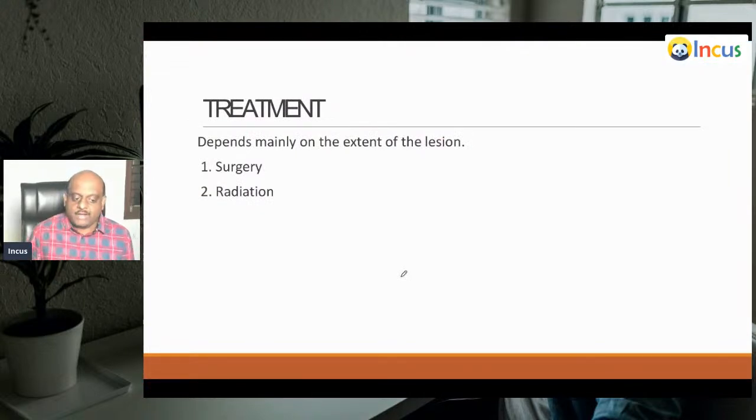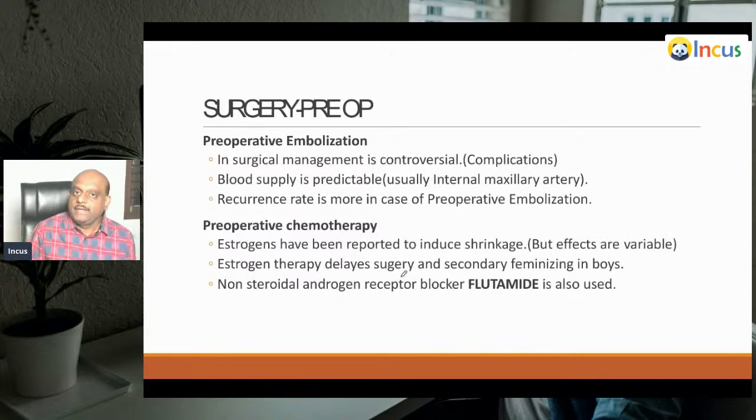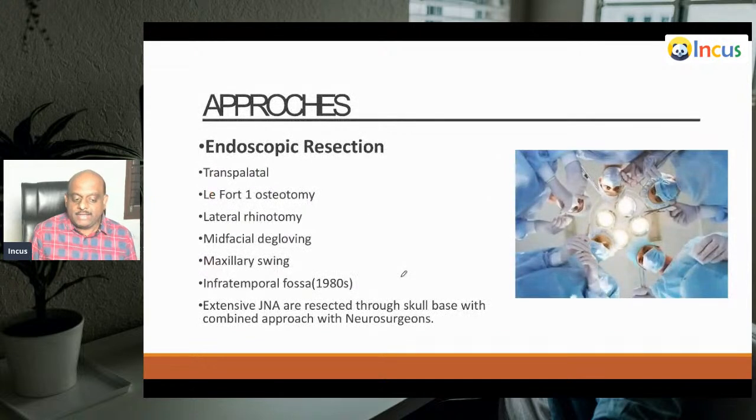So surgery or radiation are the main two parts of the treatment. Preoperatively, you will embolize so that all the blood vessels are shrunken. Preoperatively, even chemotherapy is advised, where you can use flutamide in order to cause shrinkage. And endoscopically, you can resect.